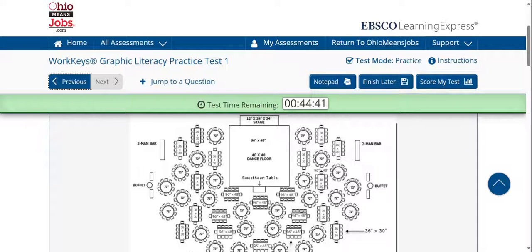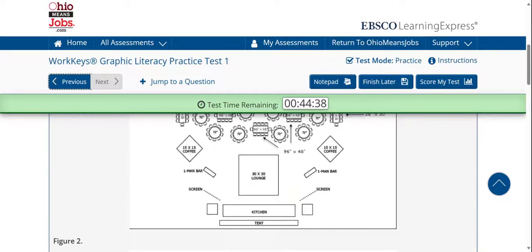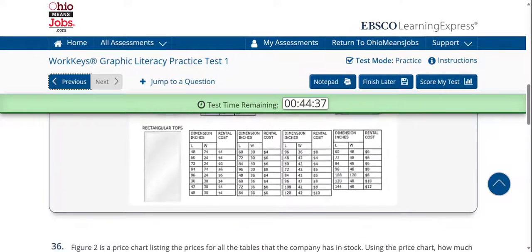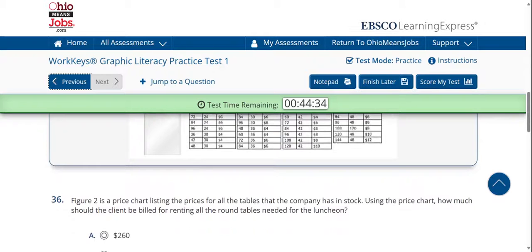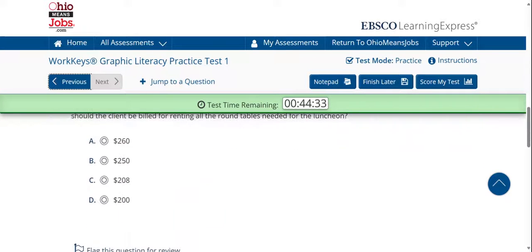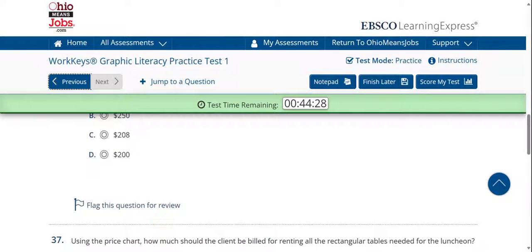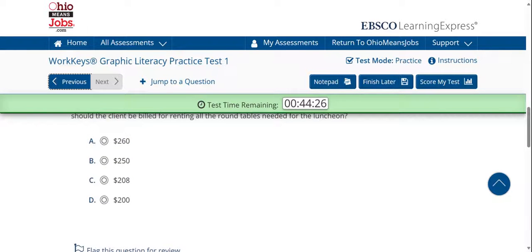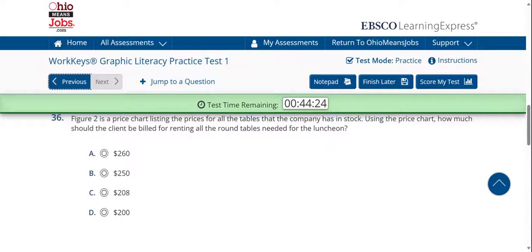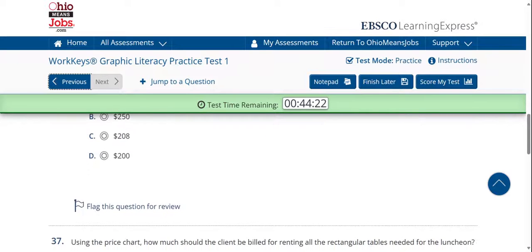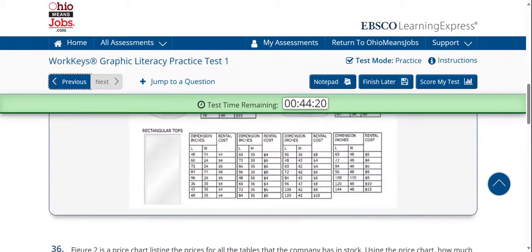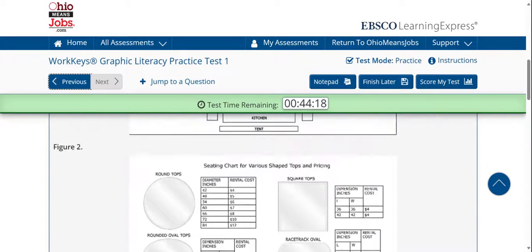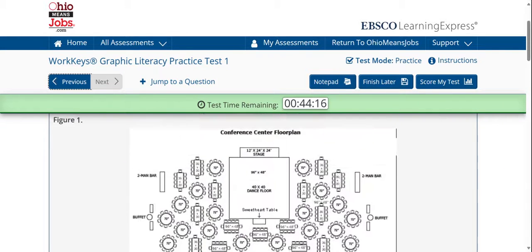Again, I only did the first practice test, but you are more than welcome to take more than one to, again, try to hit that level gold or that level platinum. The platinum level pretty much hits a level 6 and level 7 on the ACT WorkKeys test for graphic literacy. But if you hit the gold, then you're hitting level 5 or better.